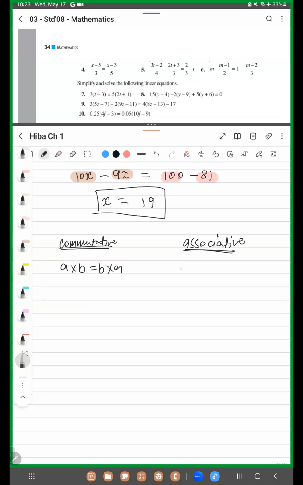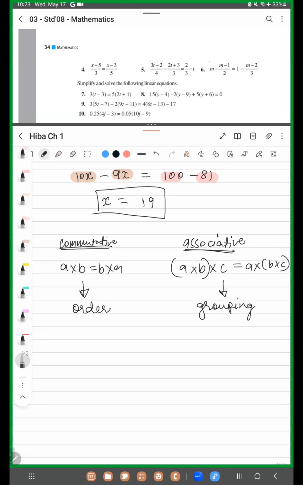Are you able to hear me? Yeah. A into B into C equals A into B into C. Commutative में you are changing the order. In associative, you are changing the grouping.